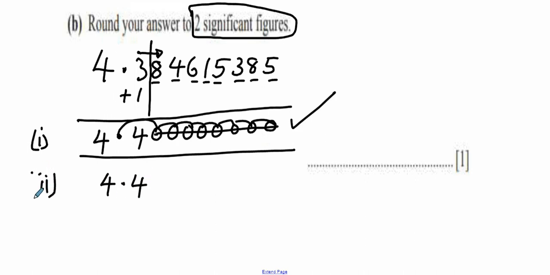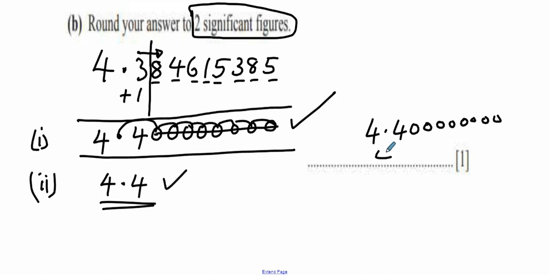This is the second answer. Okay. So the first answer was 4.400000000, and another one is 4.4. So any of these two is correct. Okay? Any of these two is correct.